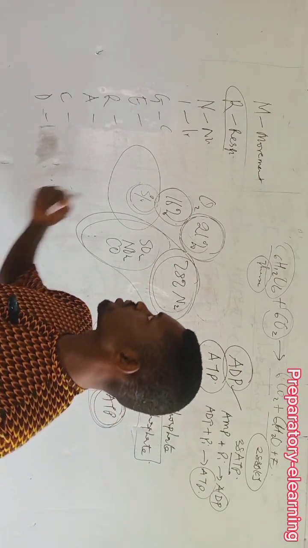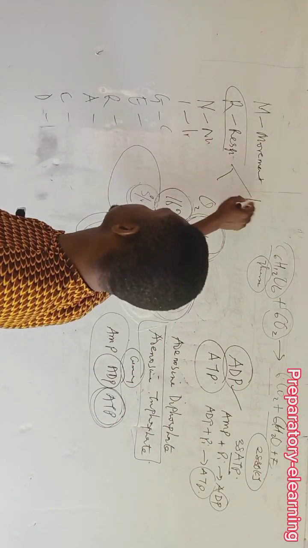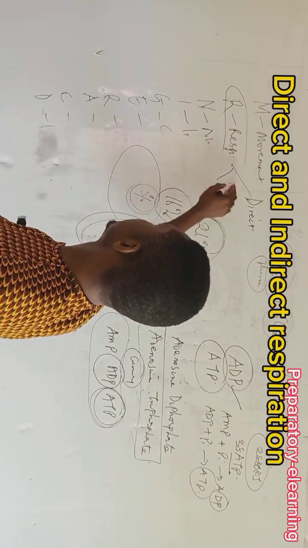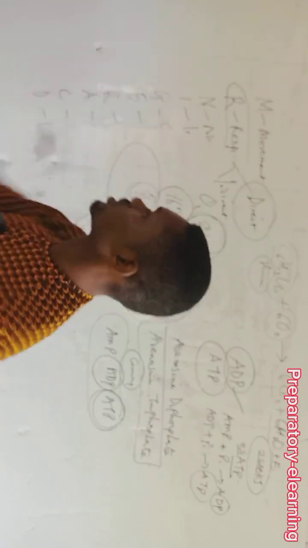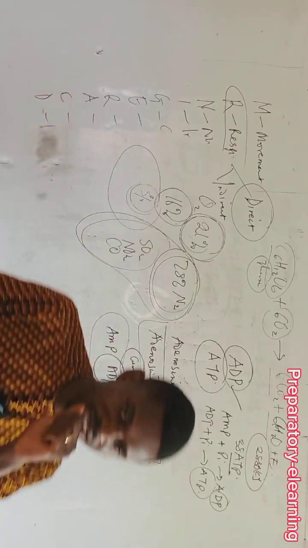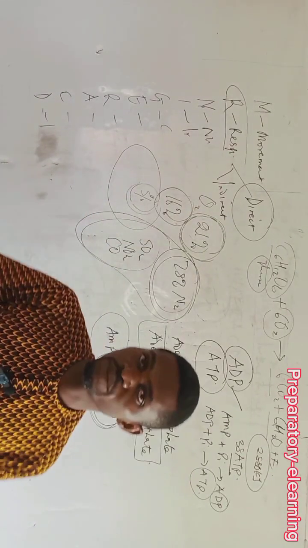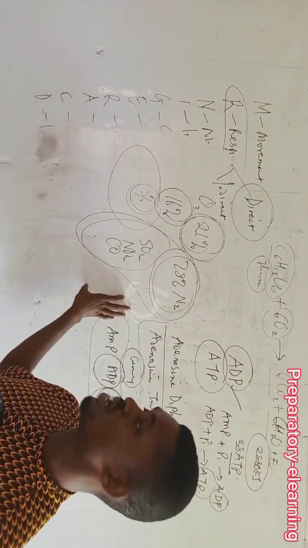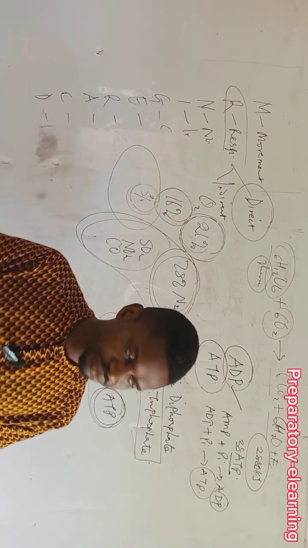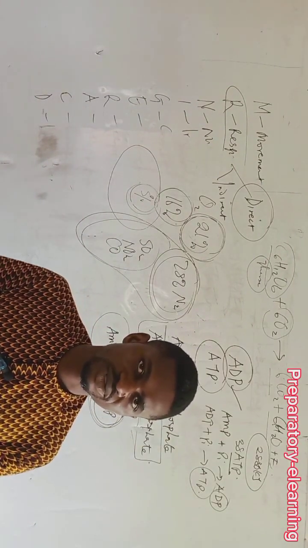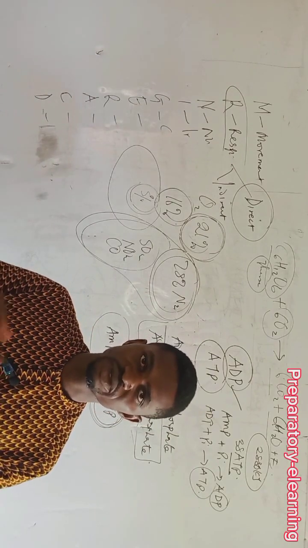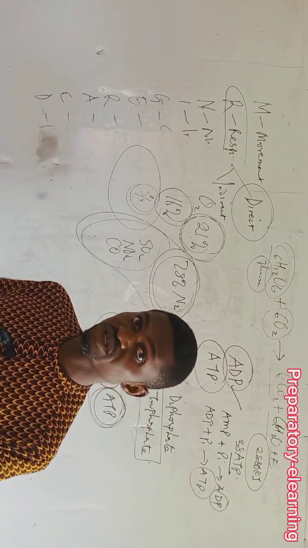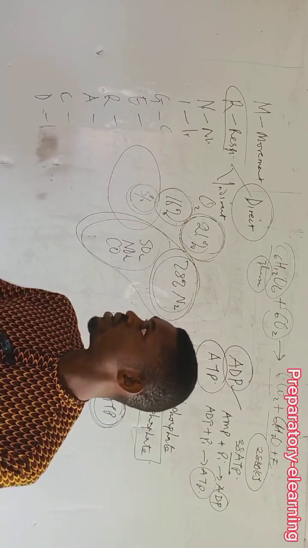The two types of respiration that we all know are direct respiration and indirect respiration. Now, what is direct respiration? Let us take our mind back to the protozoans, the unicellular organisms. We understand that amoeba does not have lungs, Euglena does not have lungs, the paramecium does not have gills. Even when they're aquatic organisms, and of course they are microscopic, they don't have those structures.